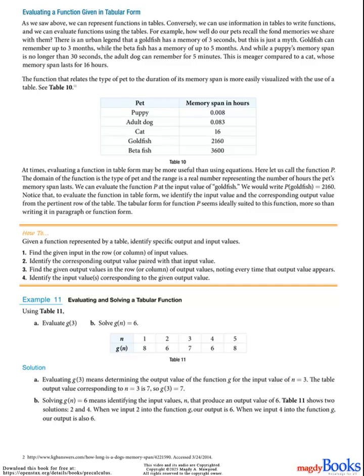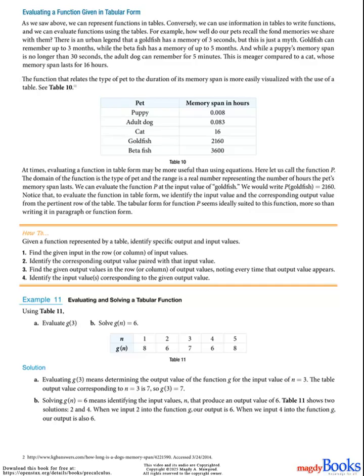Solution. A. Evaluating g of 3 means determining the output value of the function g for the input value of n equals 3. The table output value corresponding to n equals 3 is 7, so g of 3 equals 7. B. Solving g of n equals 6 means identifying the input values n that produce an output value of 6.